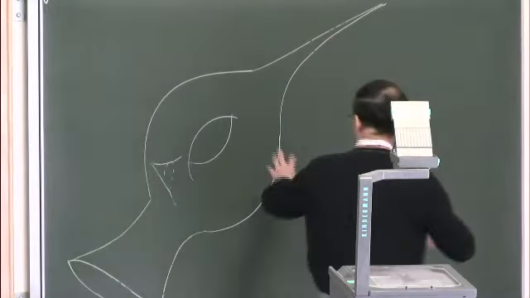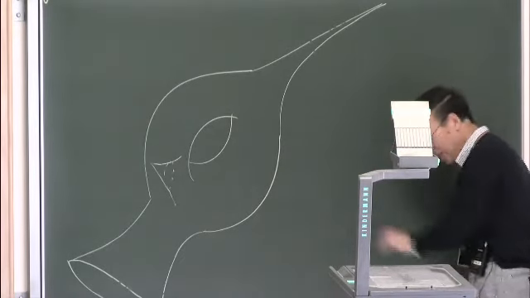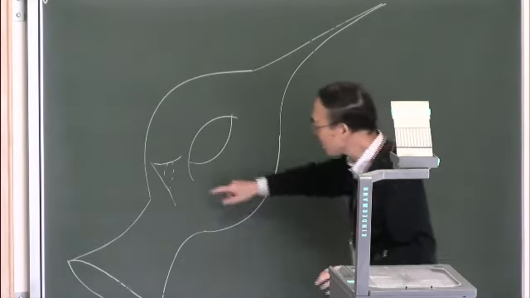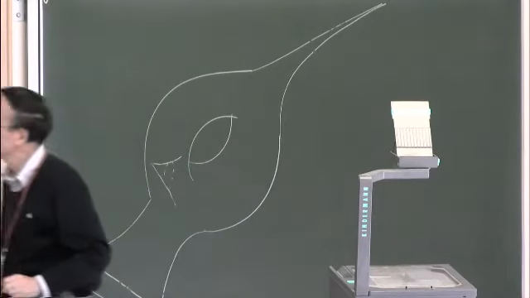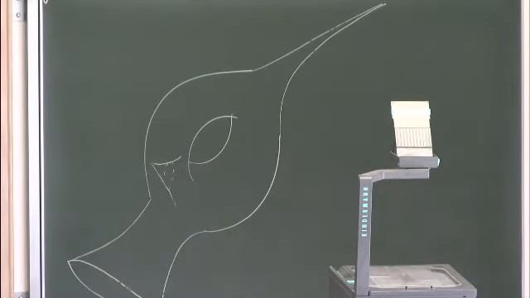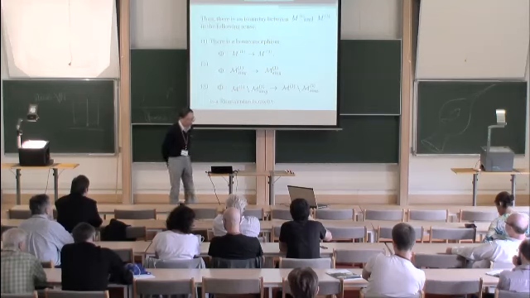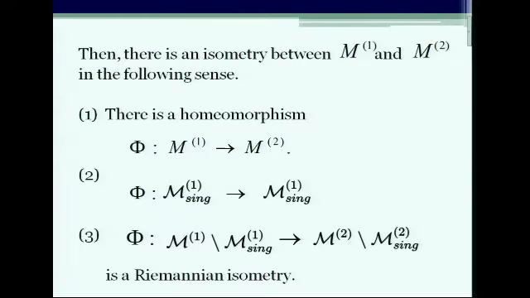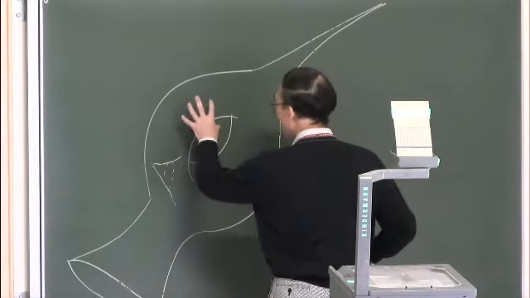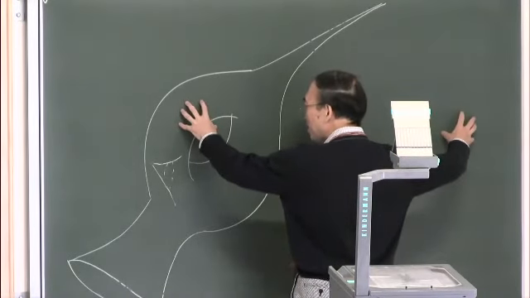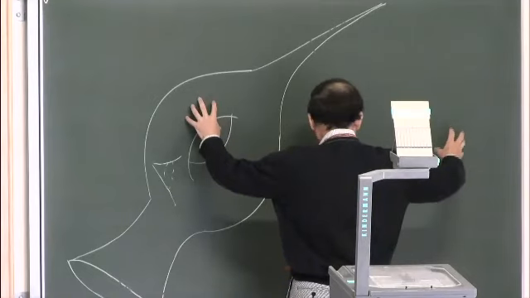Then these two manifolds are isometric, including the structure of these conical singularities. More precisely, there is a homeomorphism between these two manifolds which maps singular points to singular points, and except for the singular points, this map is a hyperbolic isometry from this manifold to this manifold.